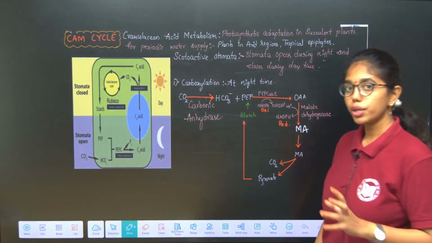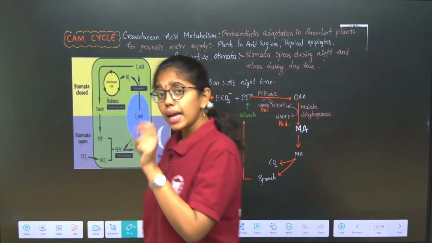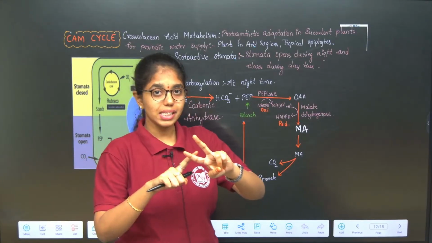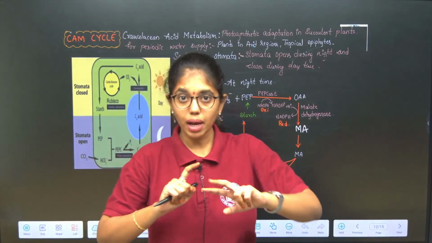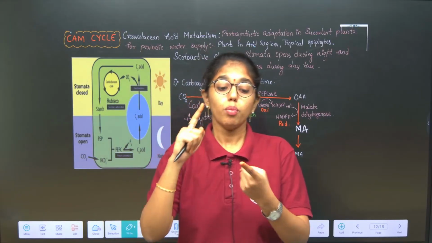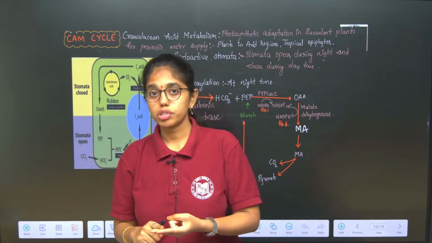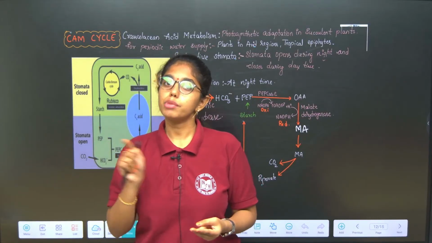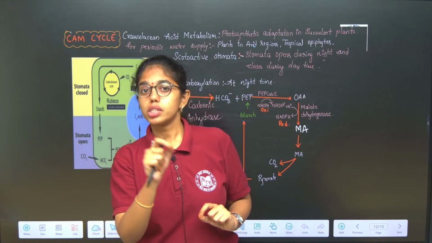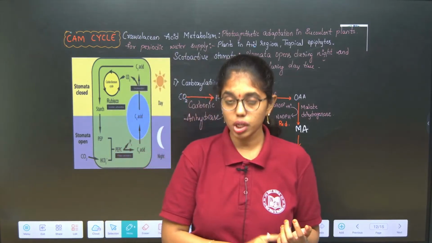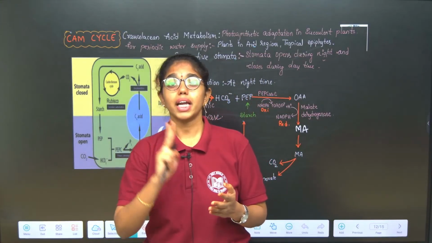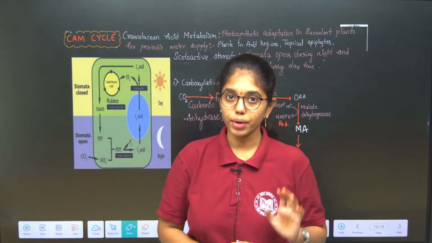Now, let us look into the CAM cycle. In the C4 cycle, 2 cells are involved, mesophyll cells and bundle sheath cells. In the CAM cycle, the only difference is that both C3 cycle and C4 cycle happen in the mesophyll cells only, but primary carboxylation, the initial carbon fixation, takes place during the night time and the second carboxylation takes place during daytime.